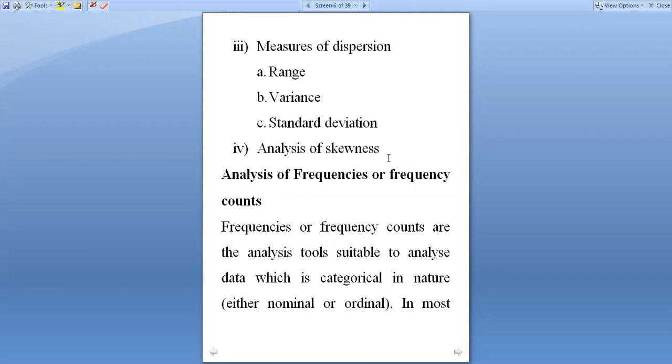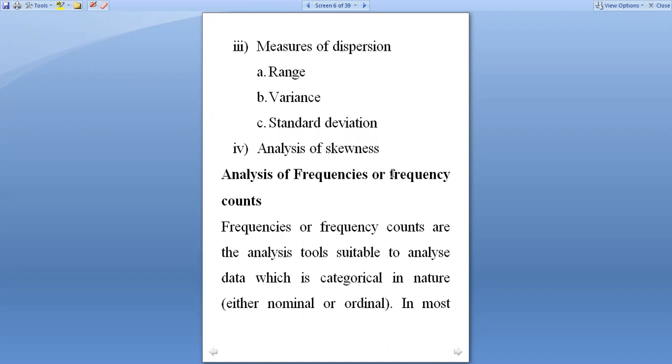So when I say, when do we use that tool, the answer I want you to give should be about the type of data we should have for us to use that tool. For example, if I ask you, when do we use frequency counts?